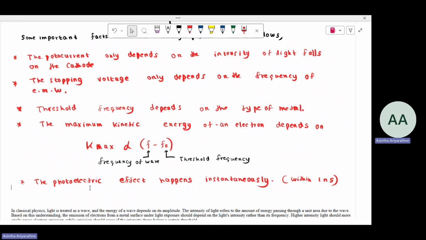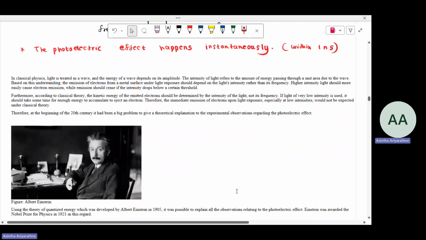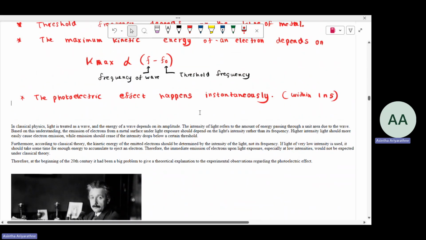But here the bond is broken very quickly and the electron is emitted within 1 nanosecond. That also contradicts the behavior of waves.